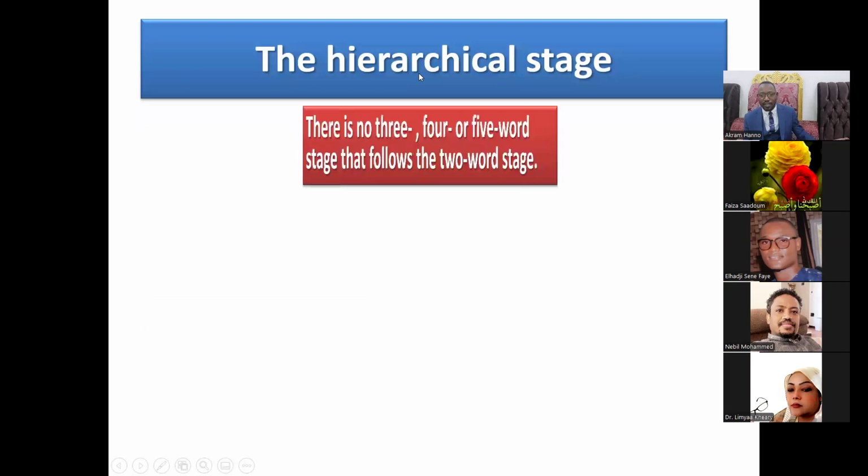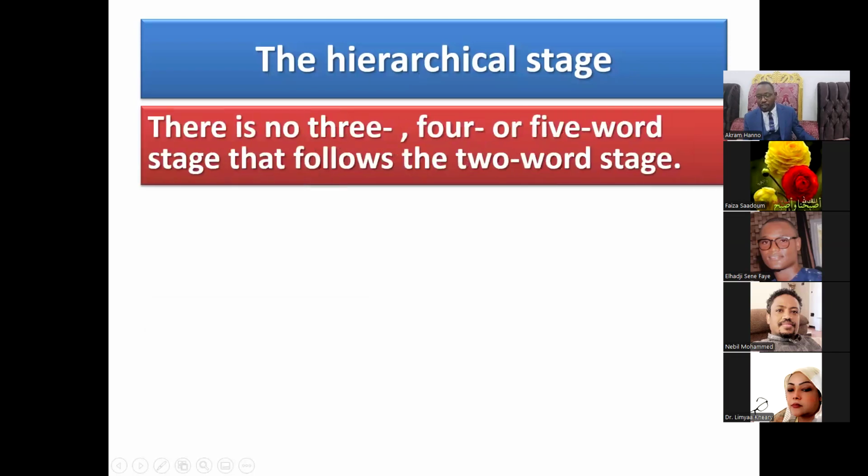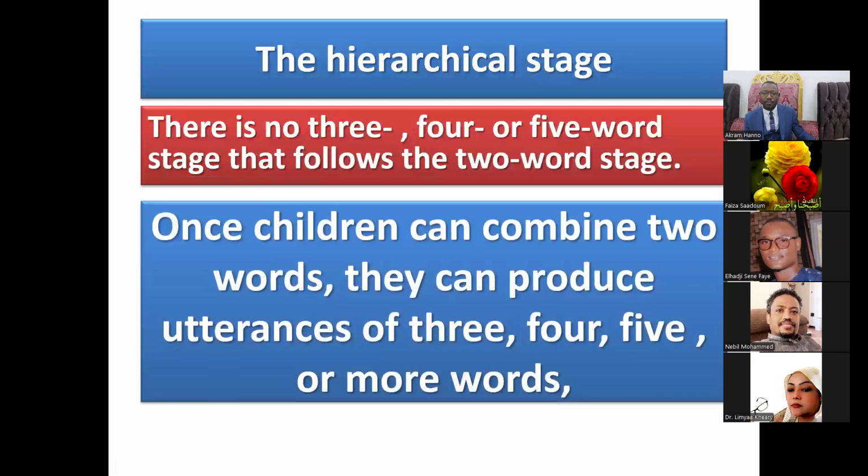The hierarchical stage: there is no 3, 4, or 5-word stage that follows the 2-word stage. Once children can combine 2 words, they can produce utterances of 3, 4, 5, or more.